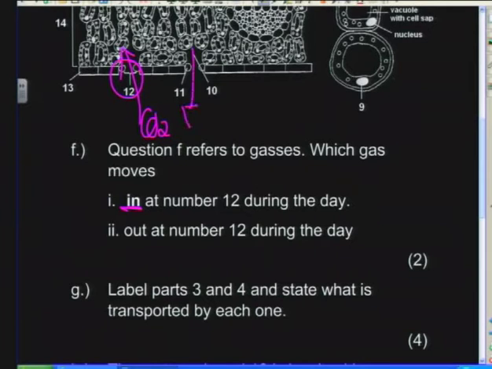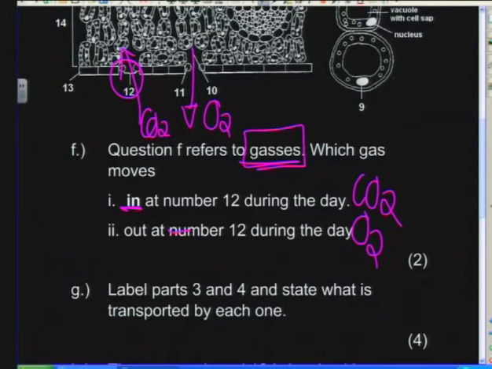What comes out? Oxygen. So what comes in at number 12 during the day? Carbon dioxide. What goes out during the day? Oxygen. It said gases. Please, you may not use water. It referred specifically to the gases.